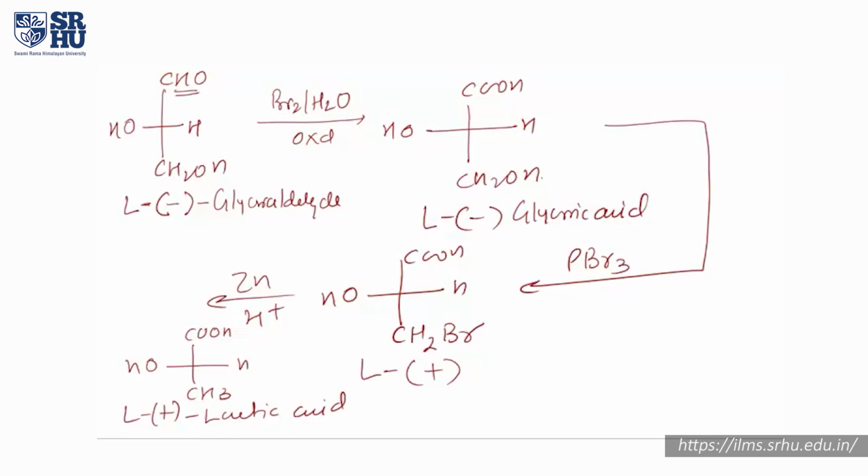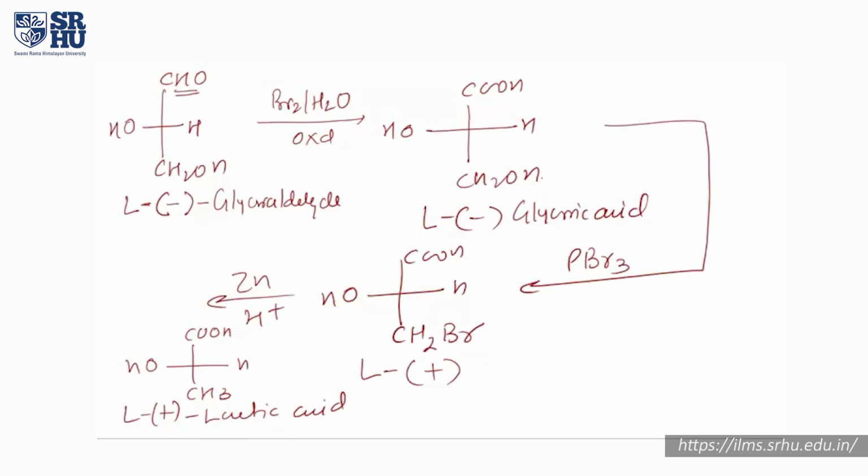Now you see that capital L and capital D already represent that our molecule is obtained from L-glyceraldehyde, and whenever you write its OH on paper, it will always be written on the left hand side. And if it is capital D configuration, its OH will always be written on the right hand side.